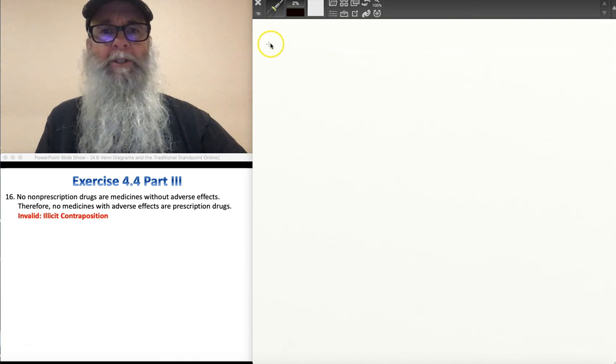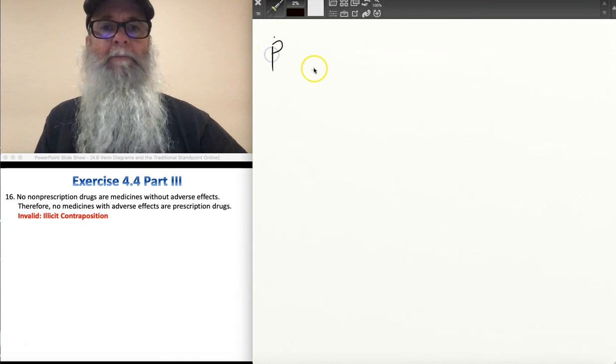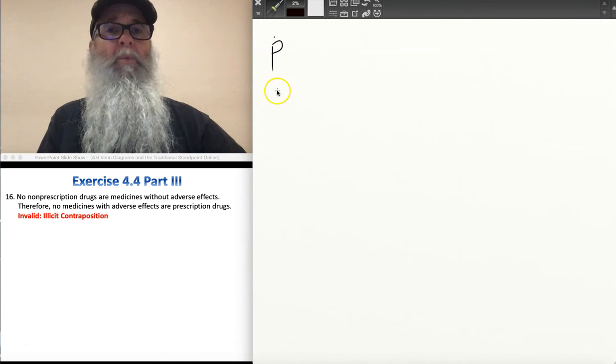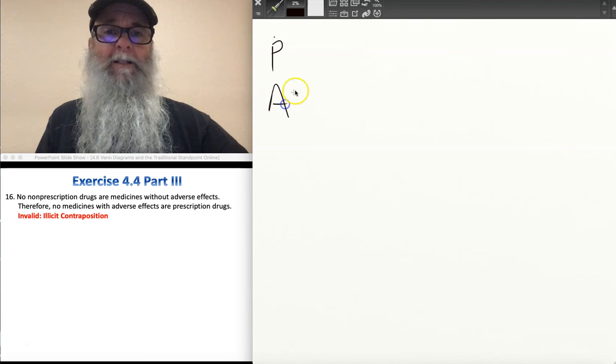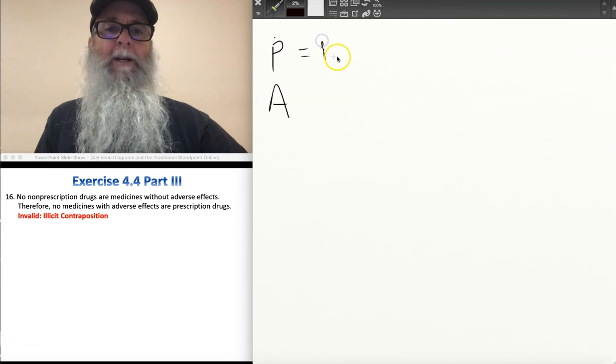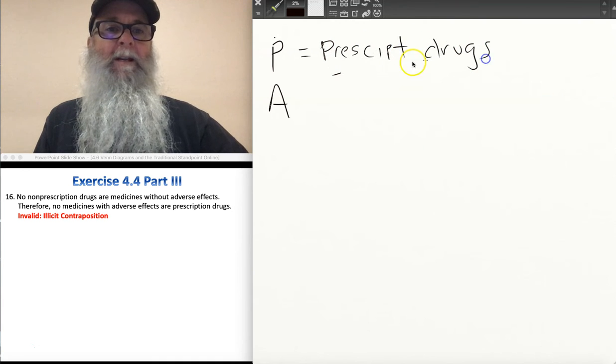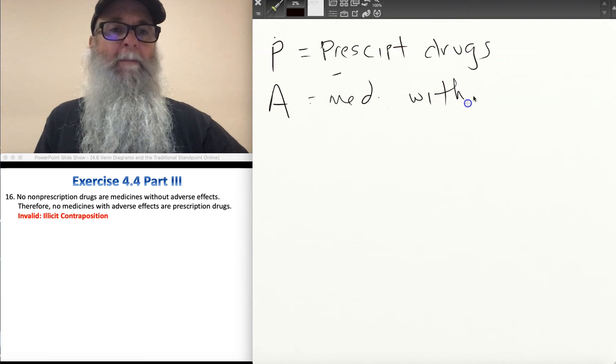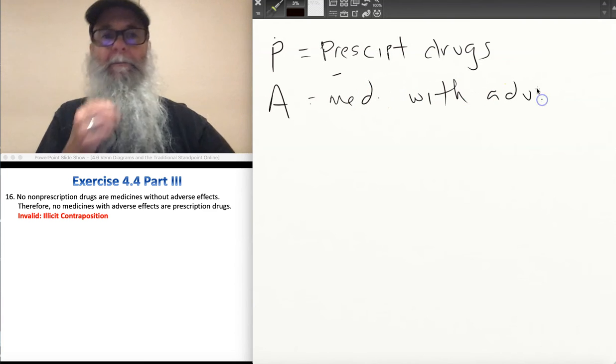So you've got prescription drugs, and we'll just say that that's P. And you've got medicines with adverse effects, and we'll just say that's A, okay? So those are the categories I'm going to pick for my argument here. So this is prescription drugs and medicines with adverse effects.